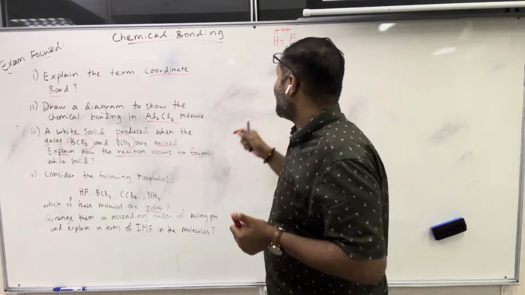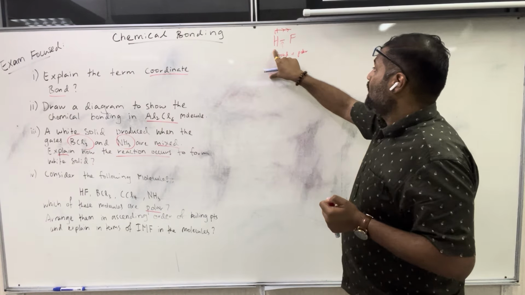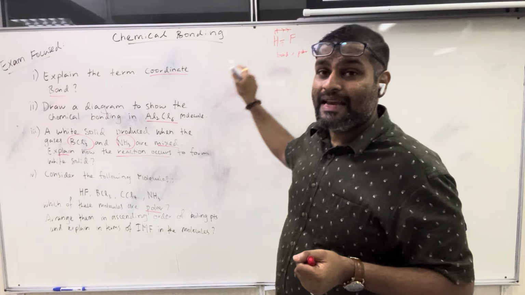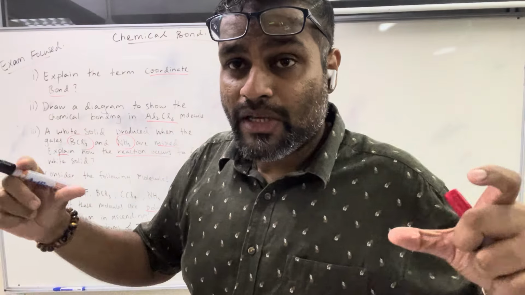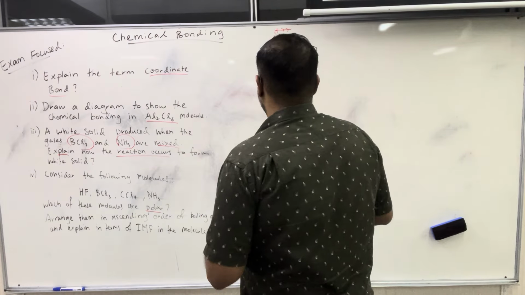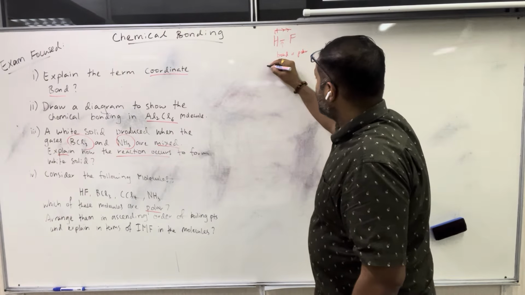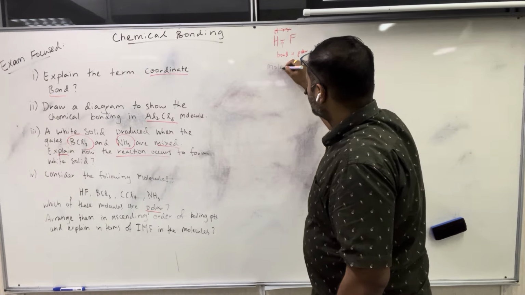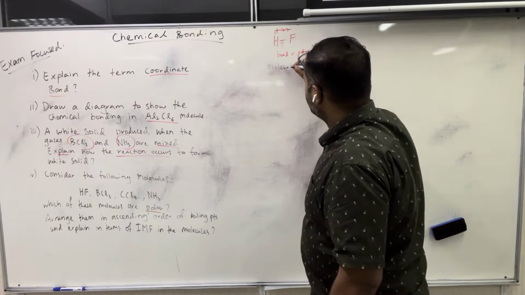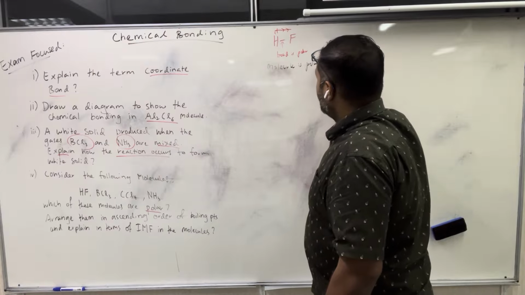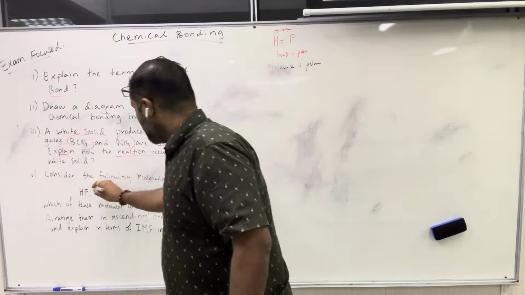Here we only have hydrogen and fluorine. It is a linear molecule with no cancellation of the dipole moment, meaning the bond is polar and the molecule itself is polar. So hydrogen fluoride is a polar molecule.